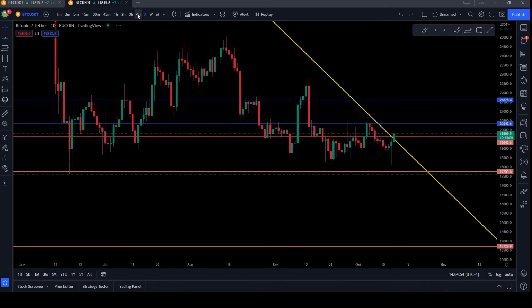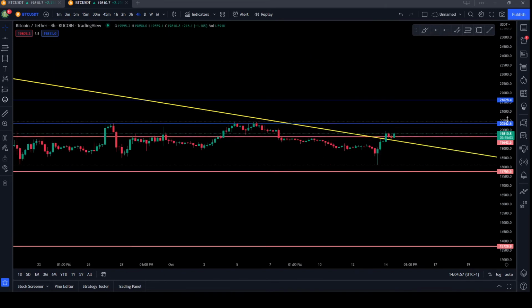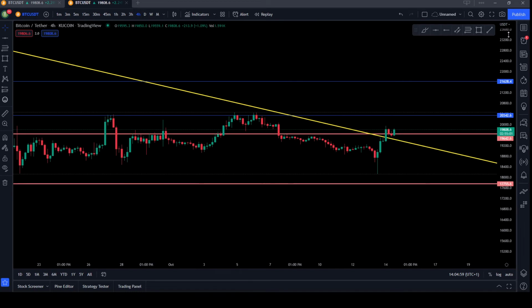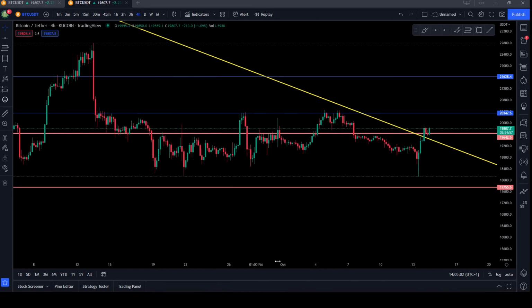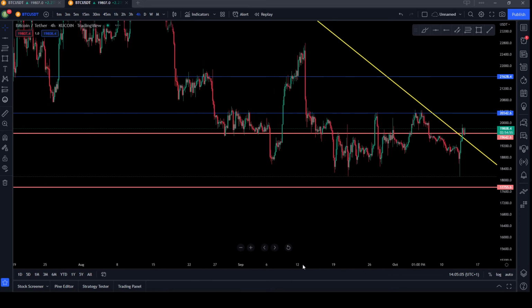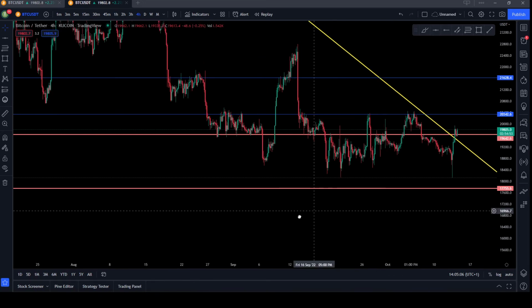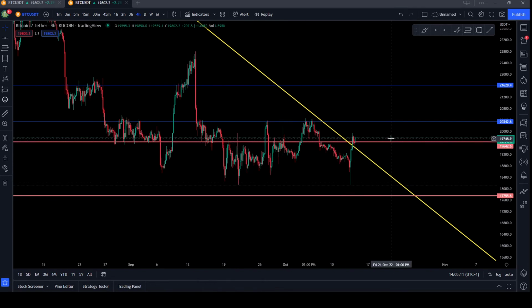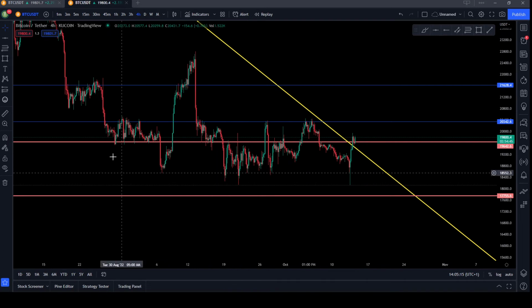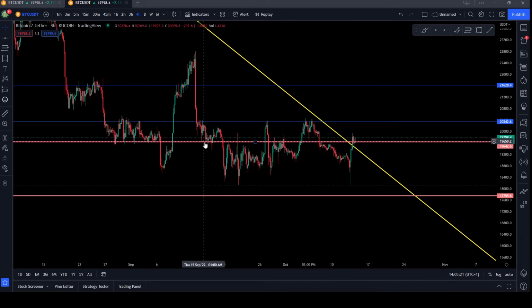Let's jump into the 4 hour. And again, what we're looking to do is just keep refining the lines of support and resistance. I'm looking at here, is this a good line of support and resistance? Can we actually get more touch points? We've got 2 here, 2 here, 2 here, some here, some here.